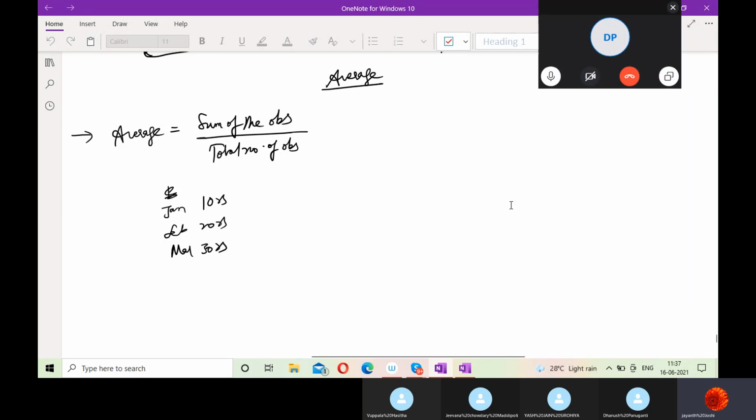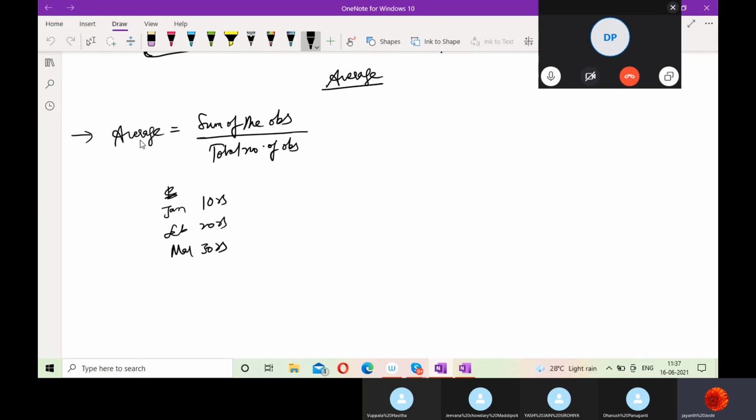Okay, so we started the averages chapter. Average is the sum of the observations divided by the total number of observations. Suppose this is your salary: you get 10 rupees in the month of Jan, 20 rupees in Feb, 30 rupees in March, 40 rupees in April, and 50 rupees in May.